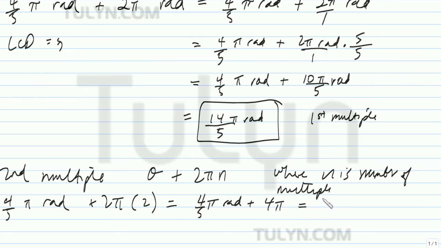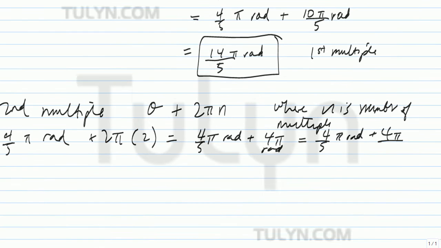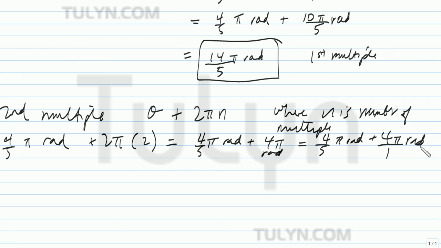Represent 4 pi as a fraction so you can add it easier: 4 pi over 1, because anything is equal to itself over 1. Now look for the least common denominator, the least common multiple of your denominators, 5 and 1, which is 5. So I'm going to use 4/5 pi radian plus 4 pi radian over 1 times 5 over 5.